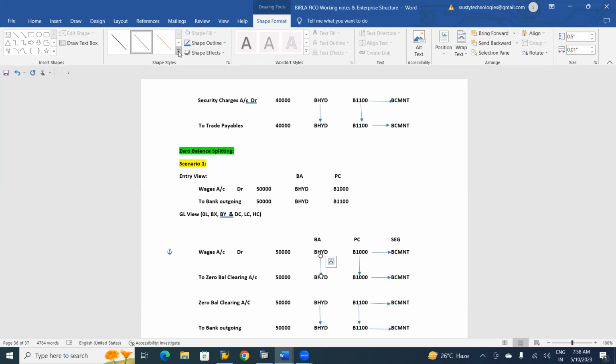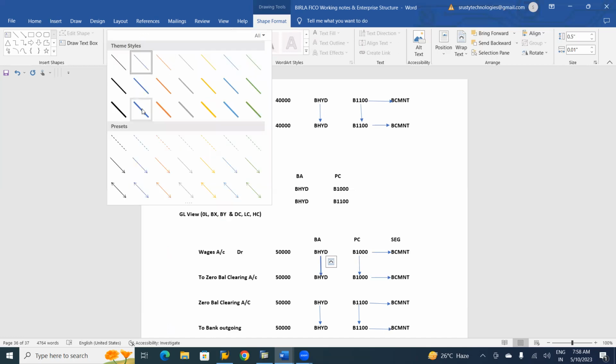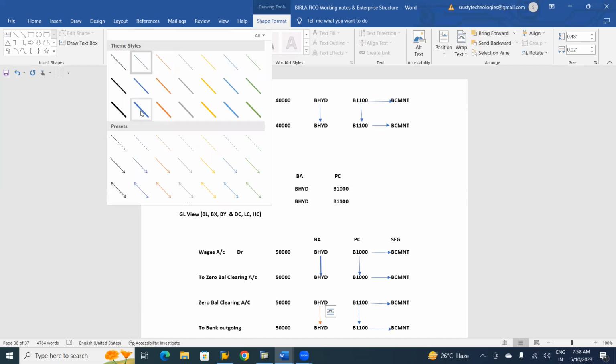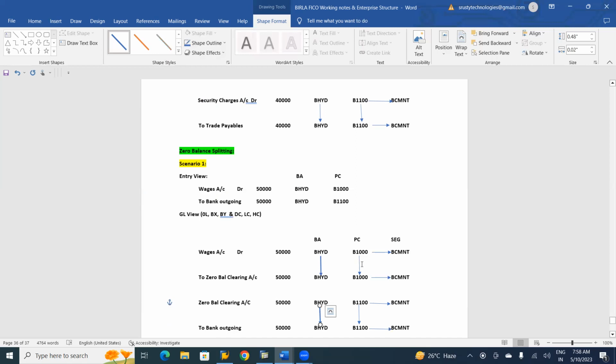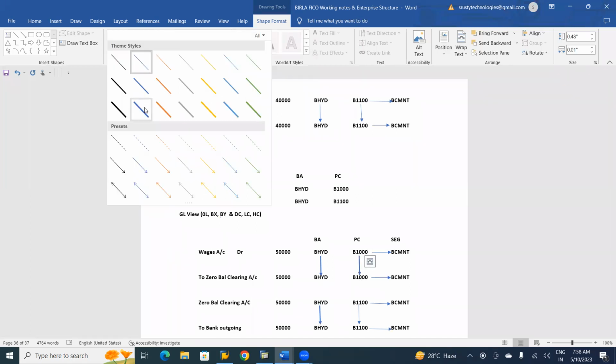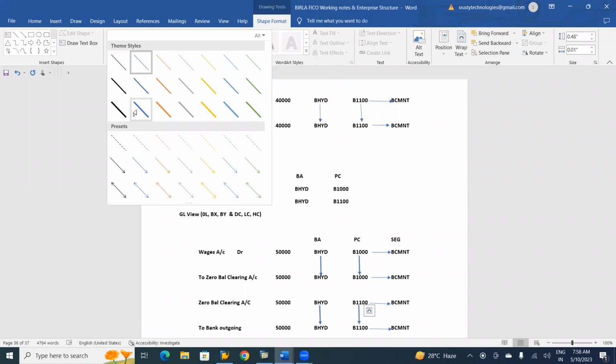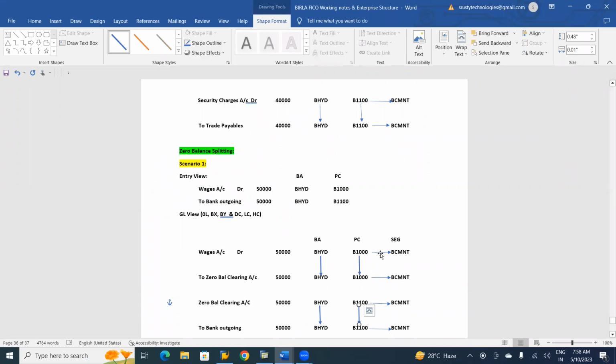Any questions? Anyone have questions on this, please? Yes, no. Here, which level is it not equal? Profit center level.